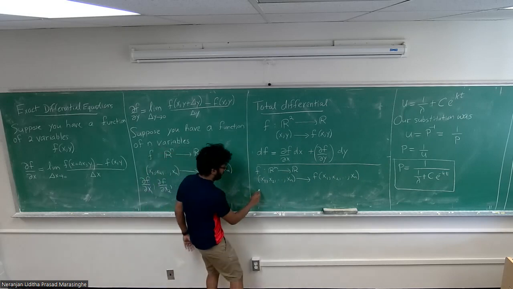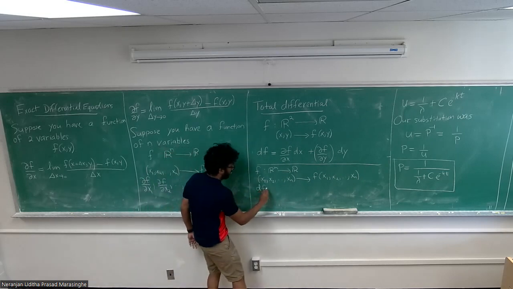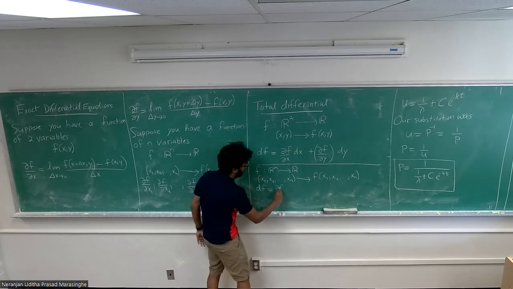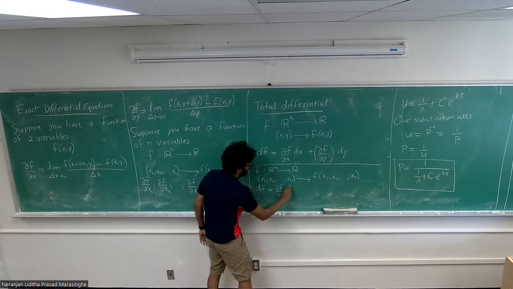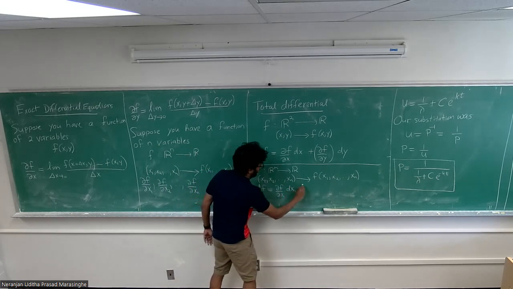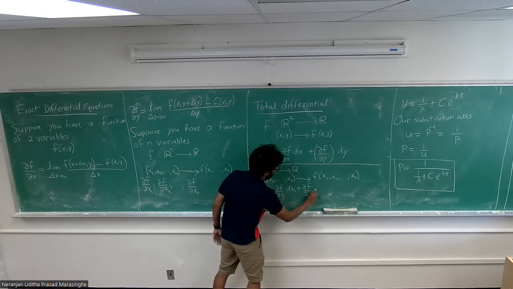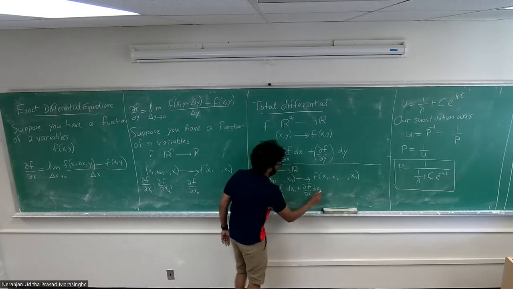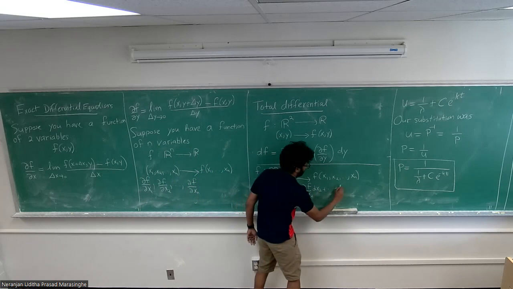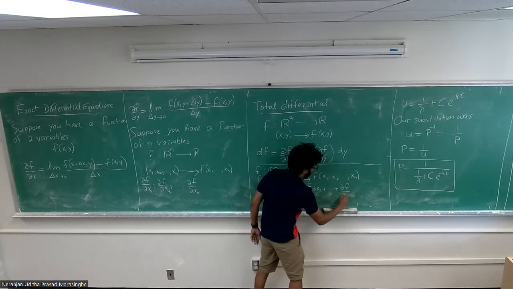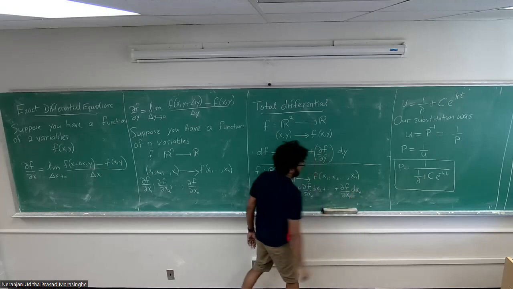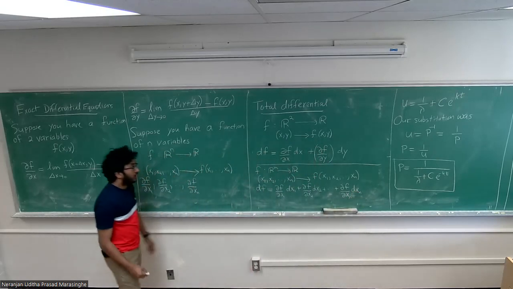Then this is how you define the total differential. df is going to be equal to ∂f/∂x1 dx1 plus ∂f/∂x2 dx2 plus ... plus ∂f/∂xn dxn. Okay.